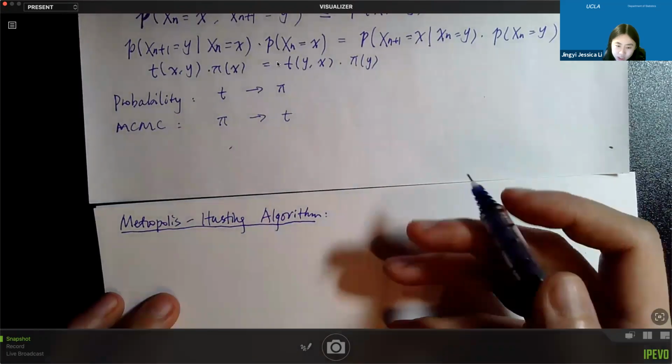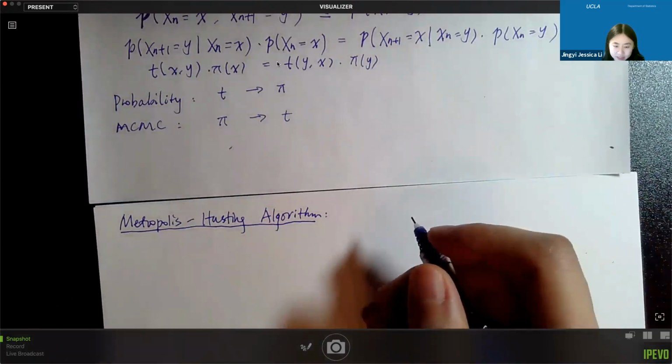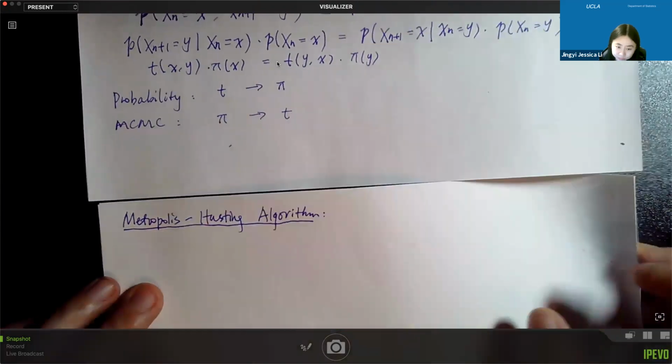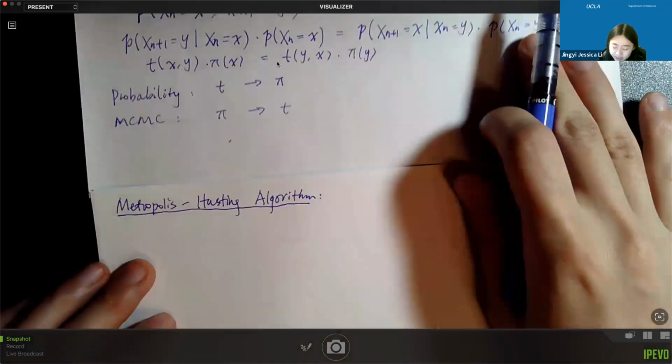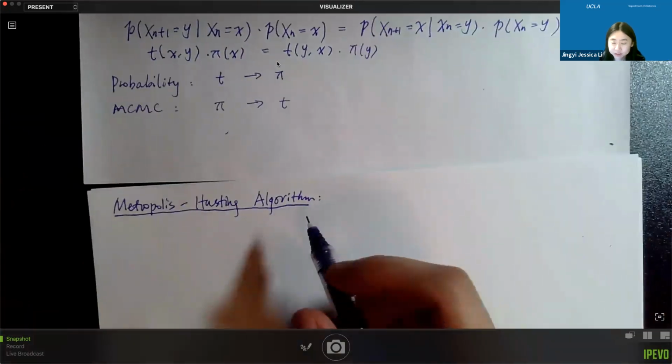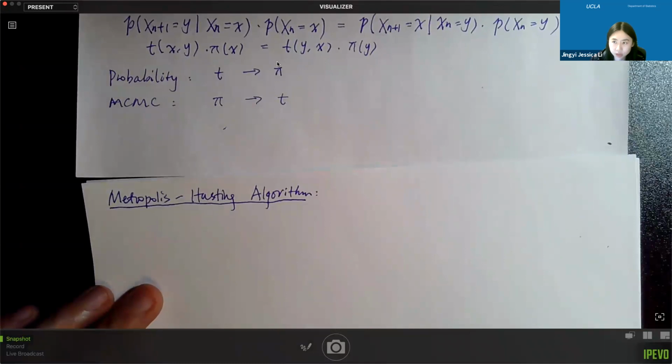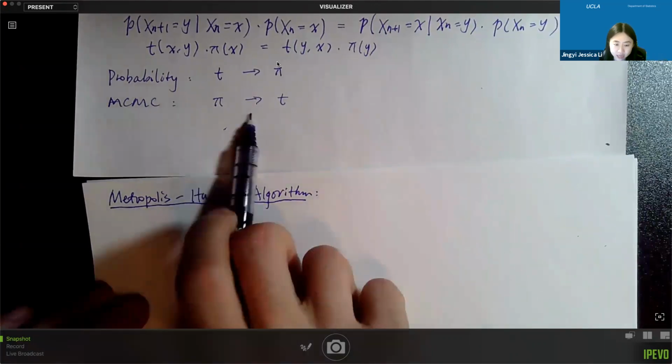So what we want to do, just to emphasize again, is find the T given our pi. Clearly we don't know what T is, but Metropolis-Hastings provides an interesting way of thinking, which is similar to rejection sampling. That is, we can use whatever we can easily sample from to start with, and then modify that distribution to satisfy our need.